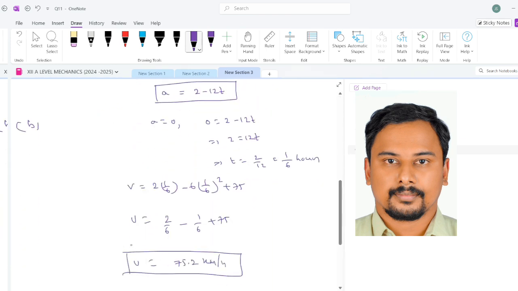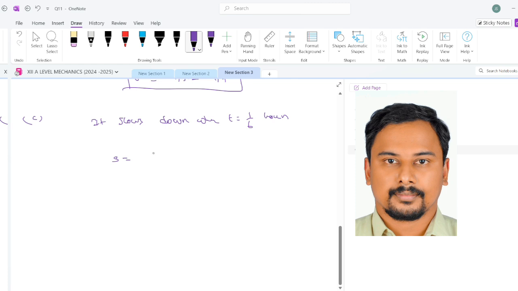Substitute in that: t square minus 2t cube plus 75 into t. In this place you can put 1 by 6. So 1 by 6 whole square minus 2 into 1 by 6 whole cube plus 75 into 1 by 6.